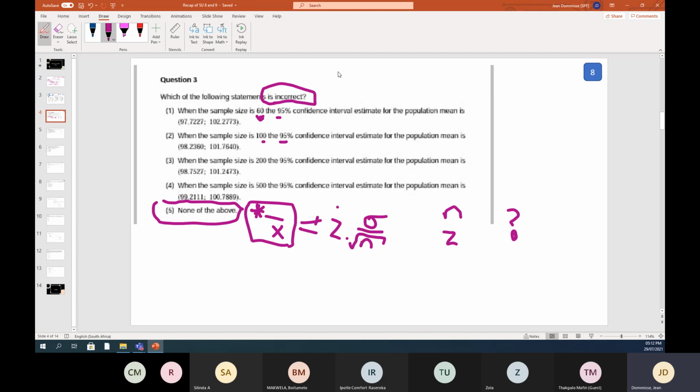So maybe we just need to look, and I'll check if this was from a previous paper, because I definitely need the mean, so that I can know what the midpoint is.